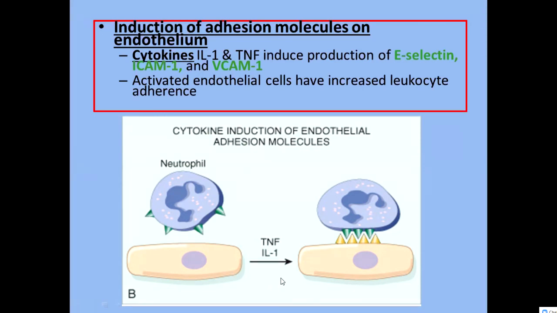Okay, on exposure of the endothelial cell to tumor necrosis factor and interleukin-1, the neutrophil will attach firmly, and this is brought about by ICAM and VCAM. These are the passport officers. The E-selectin is the seal, and they will put the seal and hold the neutrophil to the endothelium.